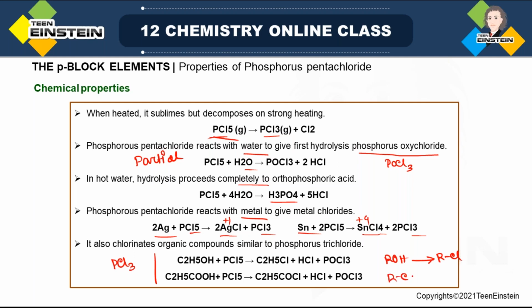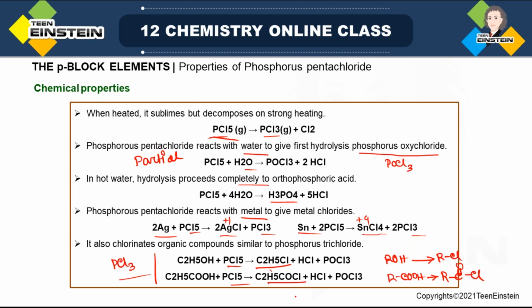Similarly, if you take any carboxylic acid, it is converted to RCOCl, that means acid chloride. So the same reaction we are seeing here, but now instead of PCl3 you have taken PCl5, but the reaction pattern is the same. In each case you get the corresponding alkyl chloride or acid chloride, depending on whether you took alcohol or carboxylic acid respectively.